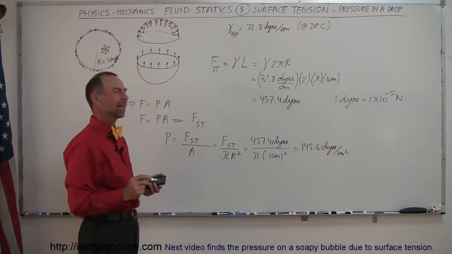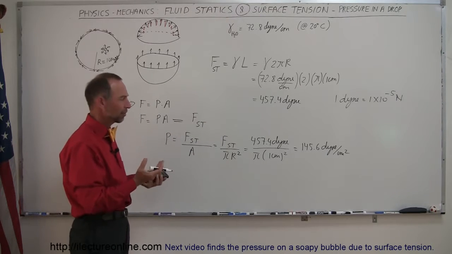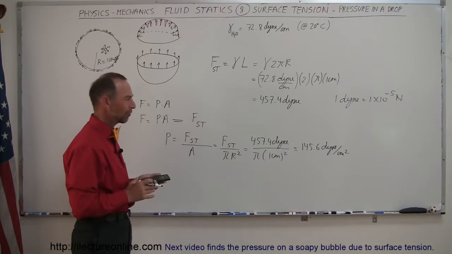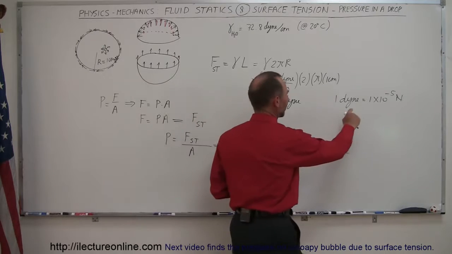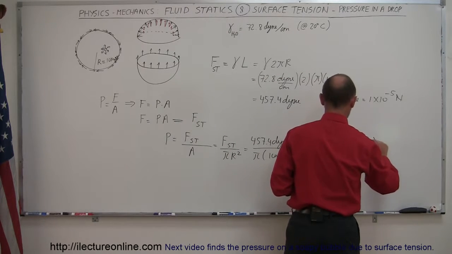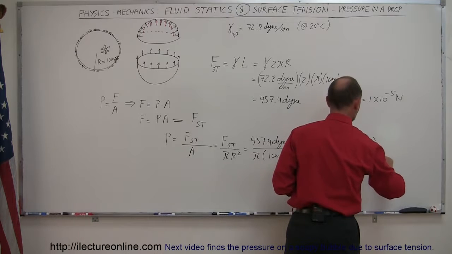Now, that doesn't mean a lot to us because we like to compare that to atmospheric pressure, which is in newtons per square meter. So we have to somehow convert that. So a dyne is this many newtons. So let's make the conversion here. We want newtons at the top, dyne at the bottom.